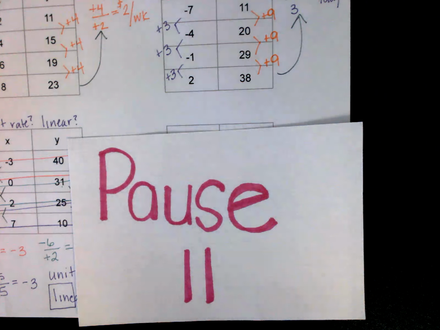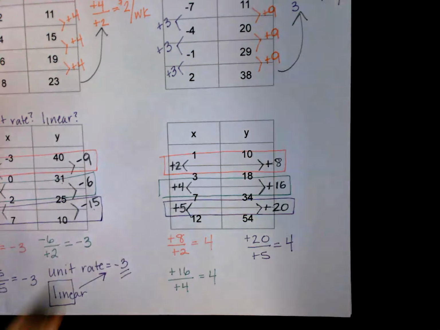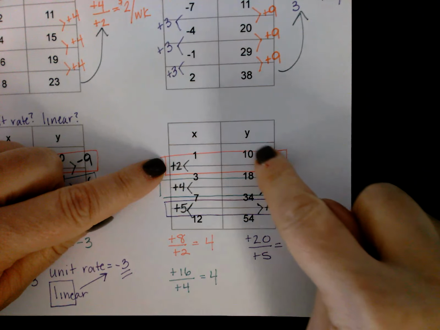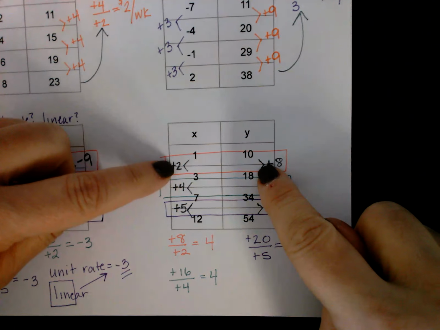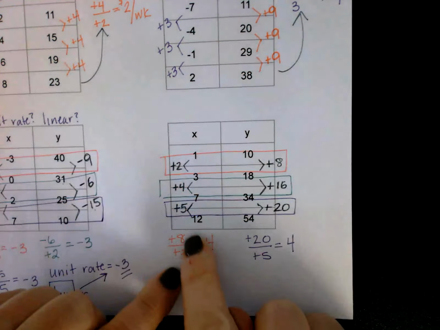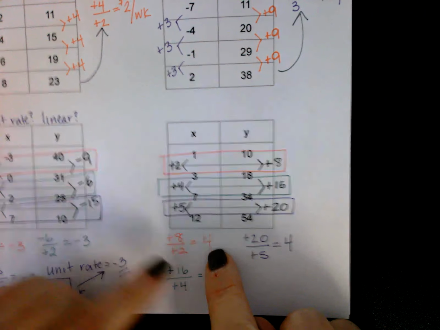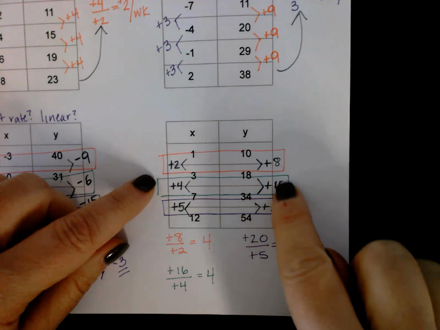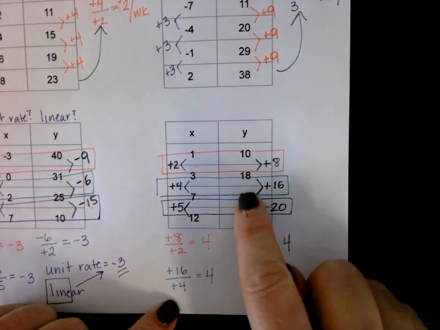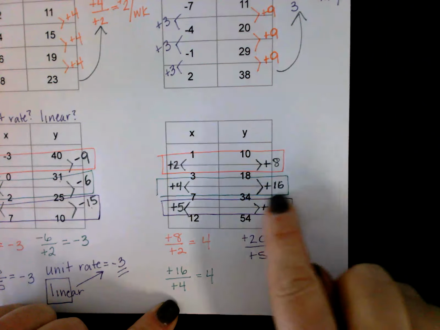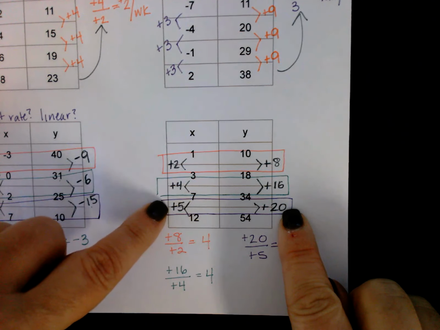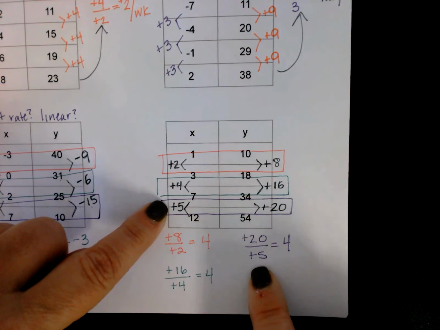Thank you for pausing the video. I appreciate you giving this a try by yourself. I just took how the y's changed in this and compared it to the x's. So I have +8 over +2 to get 4. I then compared the y's change of 16 over x's change of 4 and got 4. Here I noticed we had a change of 20 in my y's, and I had a change of 5 in the x's.